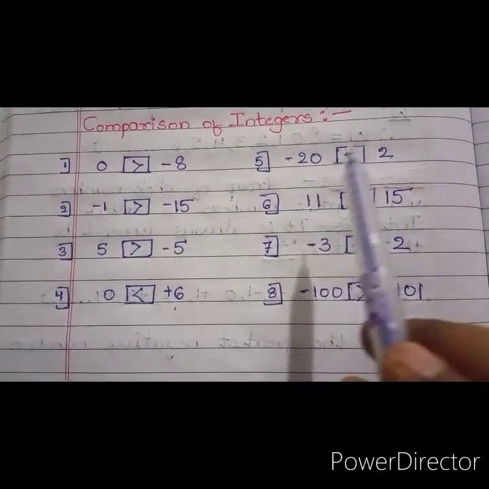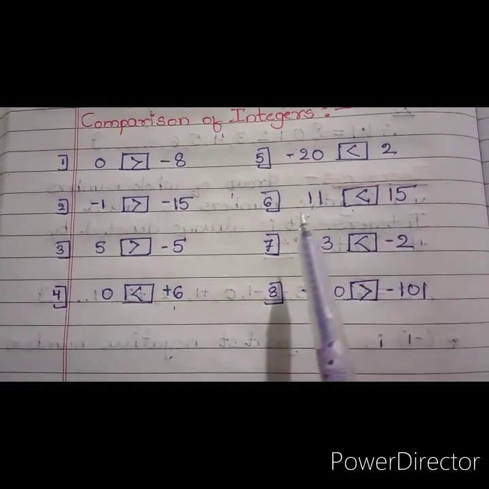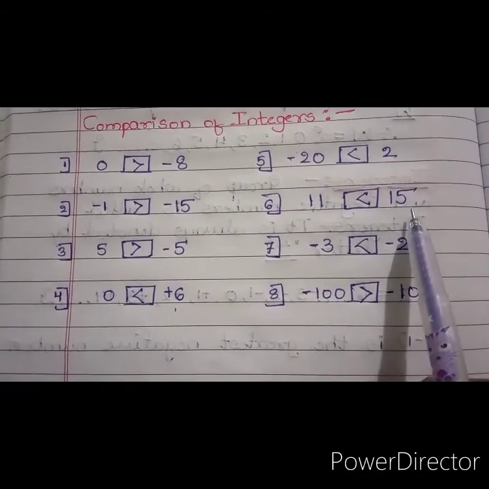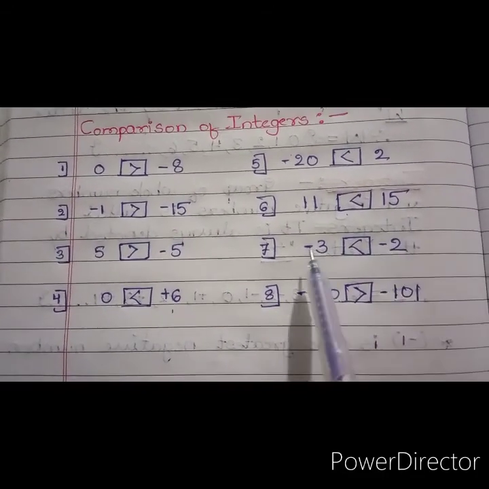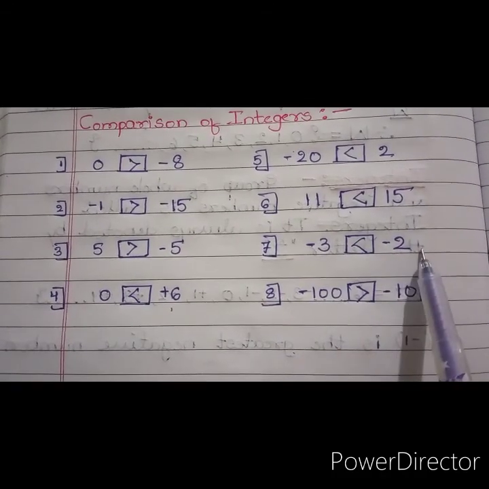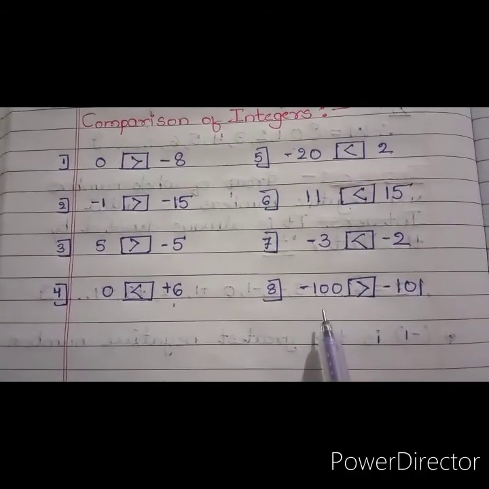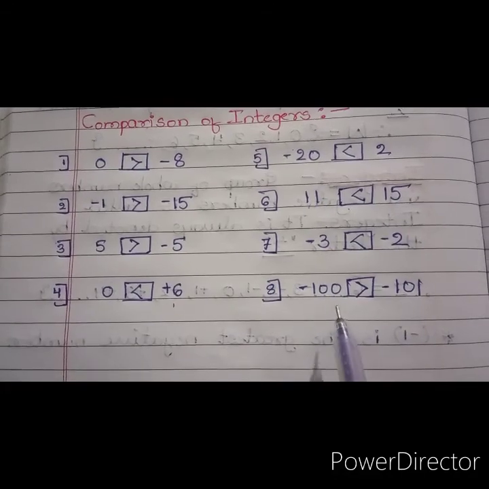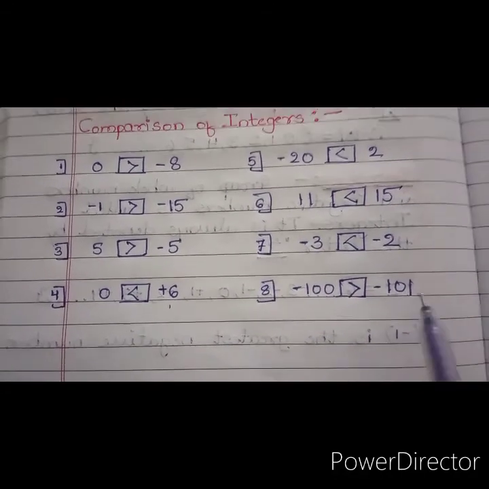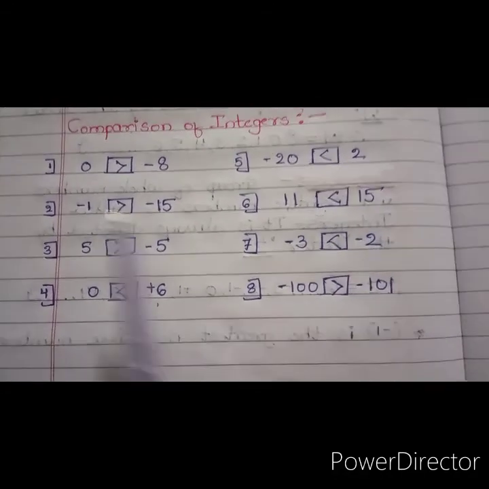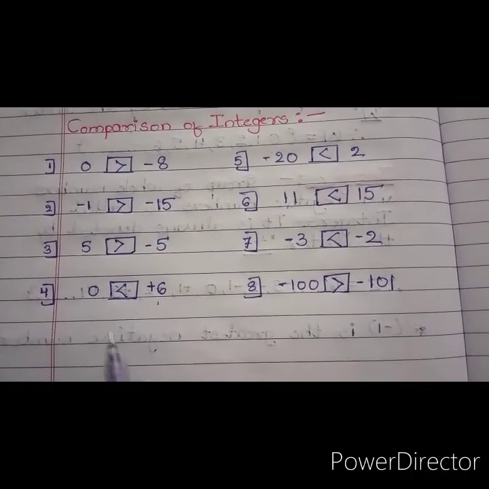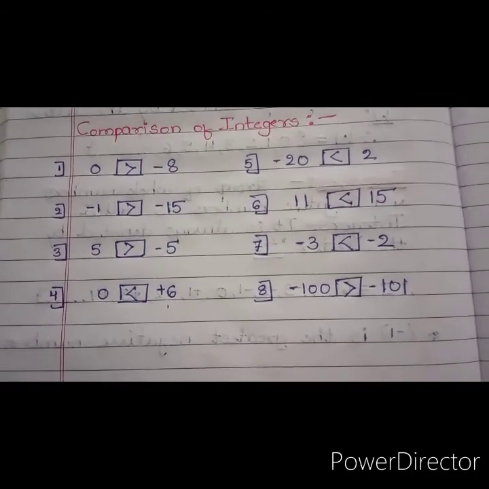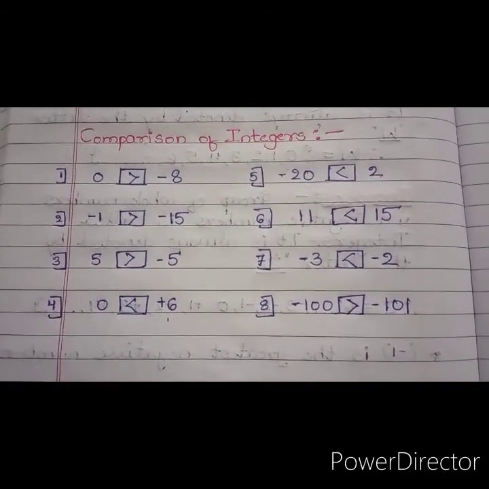Minus 20 is lesser than plus 2. 11 is lesser than plus 15. Minus 3 is lesser than minus 2. And the last one is minus 100, that is greater than minus 101. How do we compare? How to do this? Let us learn about that point.